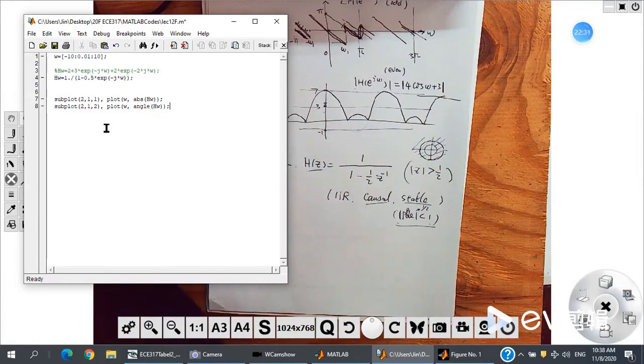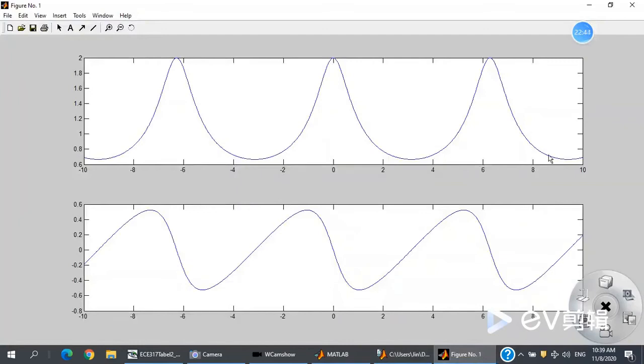Alright, this is H(ω). Then we can just run it. Okay, we got this one. Anyway, I gave the graph firstly.